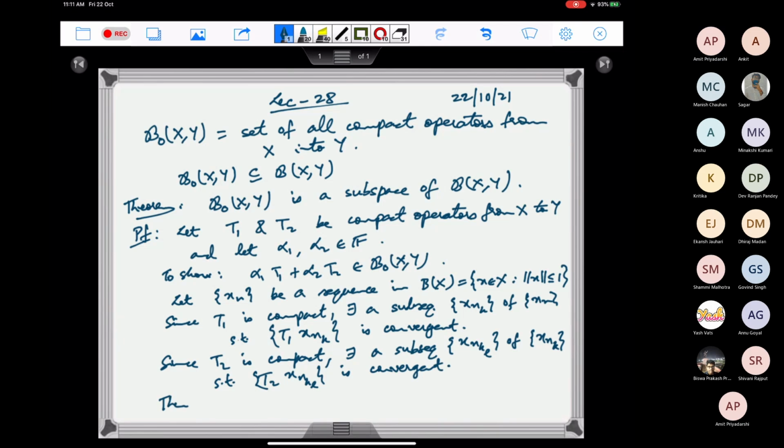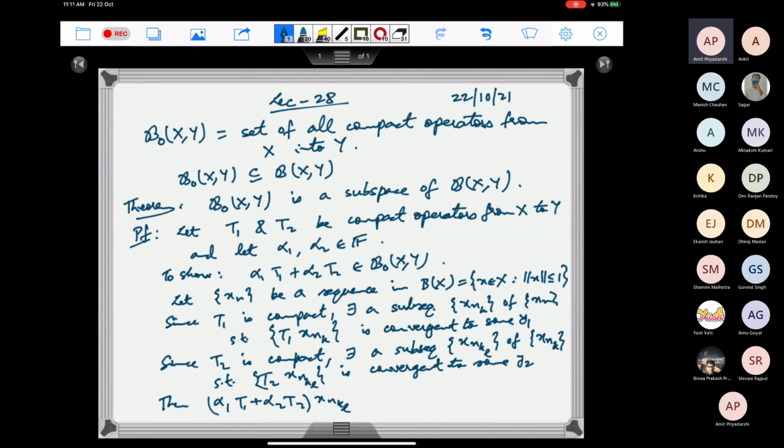Then if I look at alpha 1 T1 plus alpha 2 T2 of x_{n_{k_l}}, let's say that T1 of x_{n_{k_l}} converges to some y1, and T2 of x_{n_{k_l}} converges to some y2.